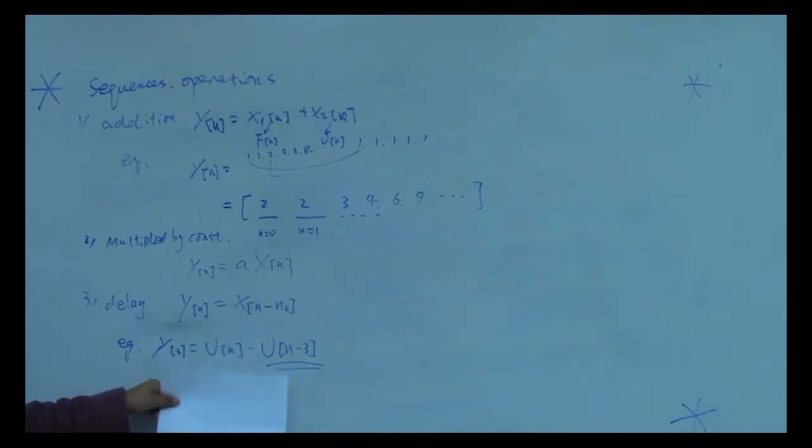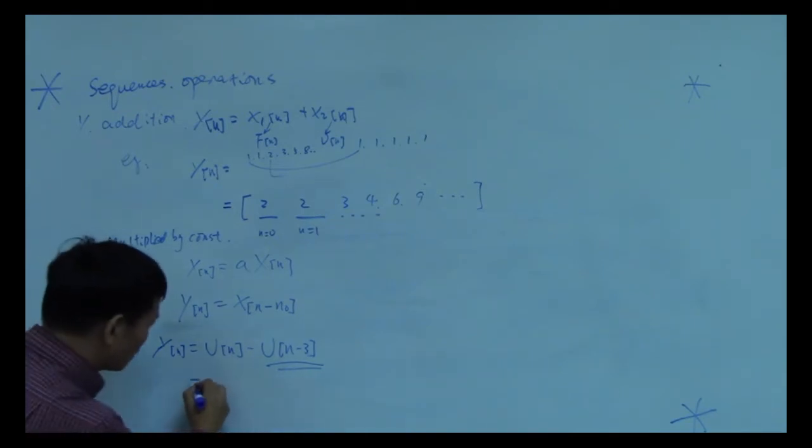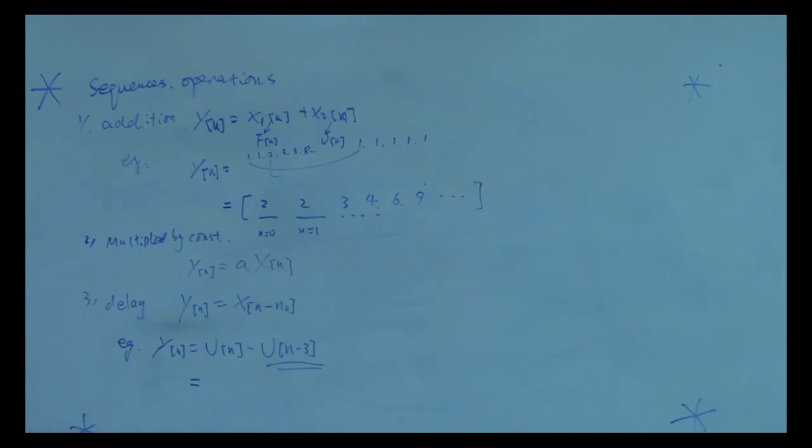So for this one, 3 non-zero values, right? Can you imagine this in your head? You can draw on paper, but this one is simple. Now I want you to represent this output with impulses.